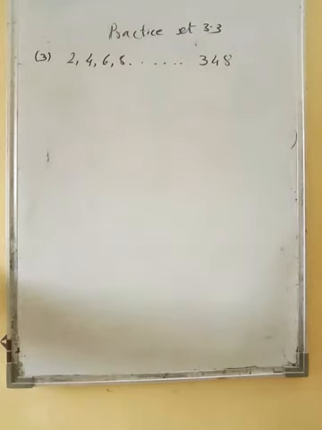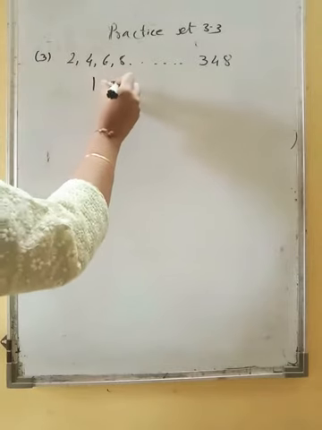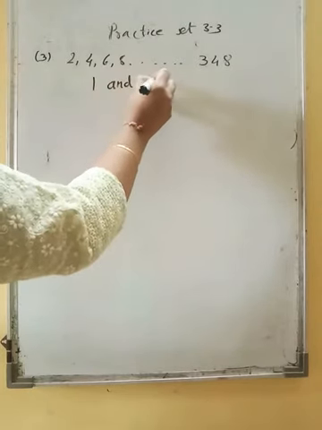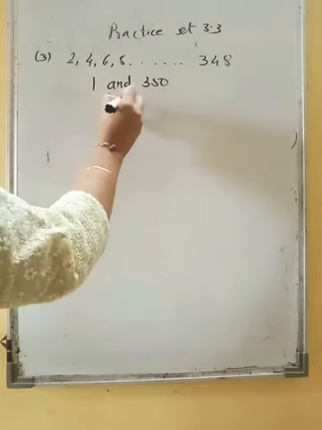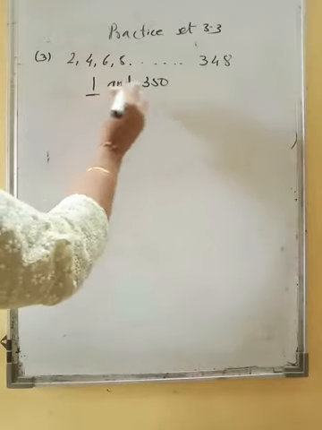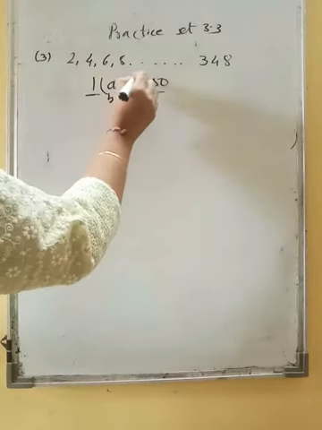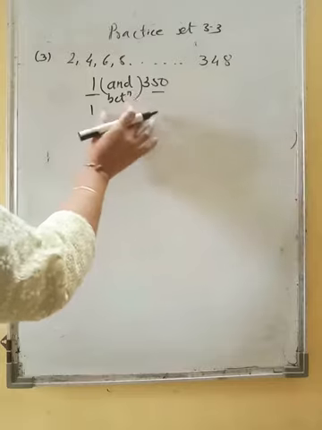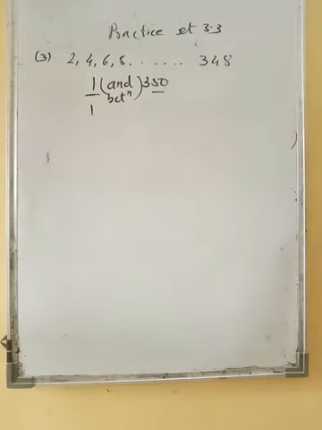But why didn't we take 350? Because they have said between 1 and 350. When they use the word between, for example, which are the stations between Borivali to Bhayandar, we say Dahisar is there, Mira Road is there.